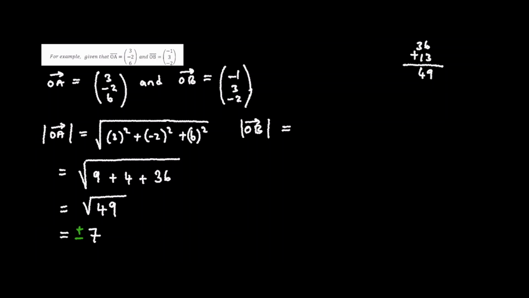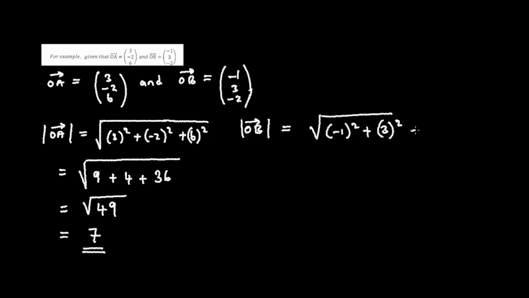So here you should make sure that your square root is not plus or minus, your square root is just 7 as that. Okay, so after we have done this, OB is the square root of minus 1 squared plus 3 squared plus minus 2 squared.